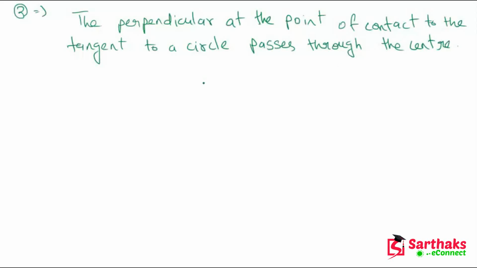Okay, my dear friends, so the perpendicular at the point of contact to the tangent to a circle passes through the center. Let's suppose we have a circle like this and we have a tangent.